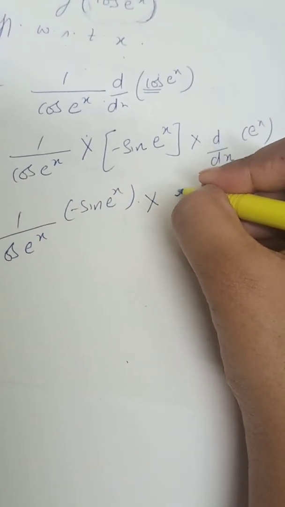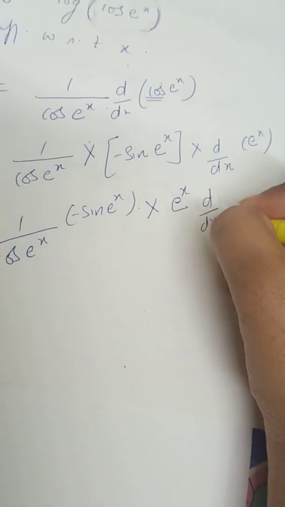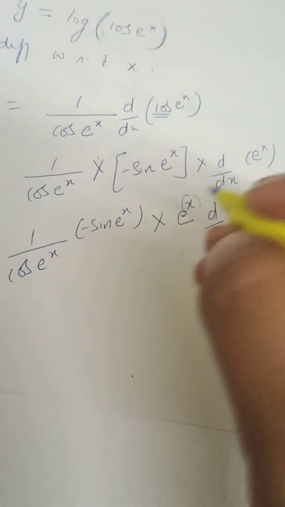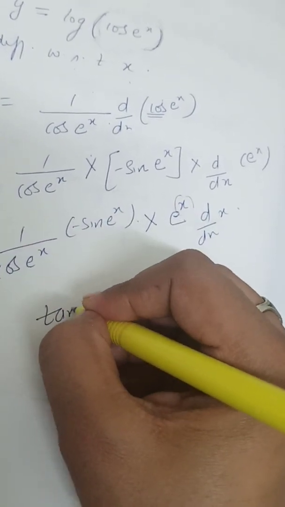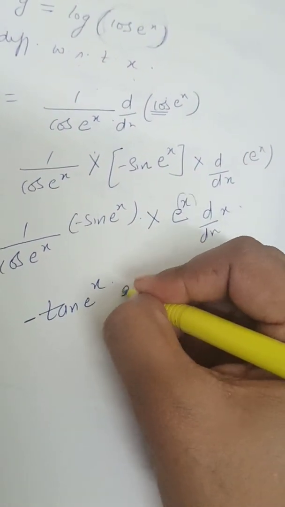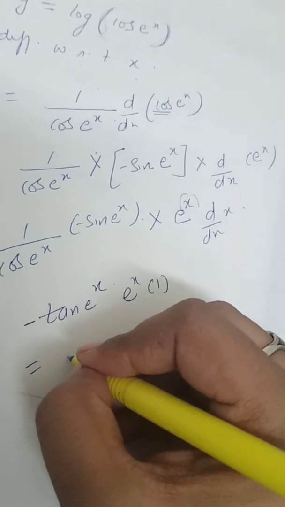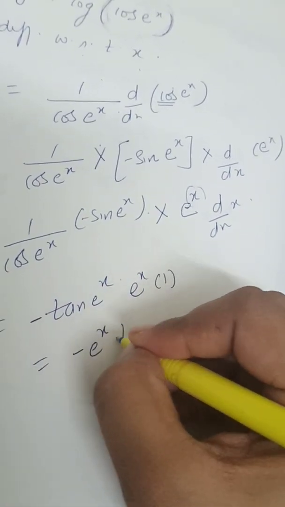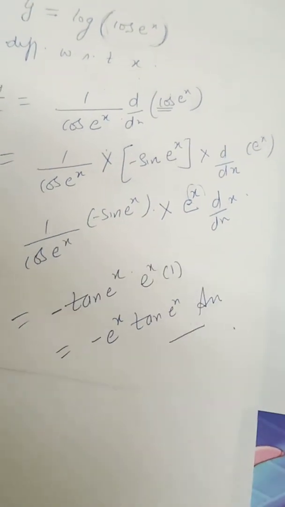We did it earlier, e to the power x as it is, the derivative of x. Sine by cos, tan e to the power x as it is, minus sine e to the power x, dx upon dx cancels and it is 1. So minus e to the power x tan e to the power x is the answer. Okay students, thank you.